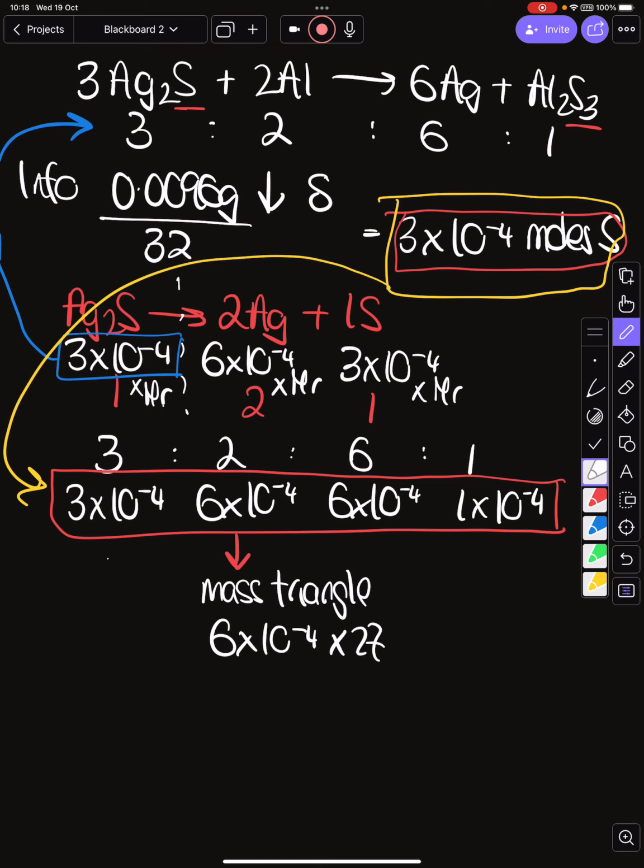So gotta bear with me while in real time we work this out. So it is going to be, does it work out as 5.4 by 10 to the minus 3 grams? So that part is done.